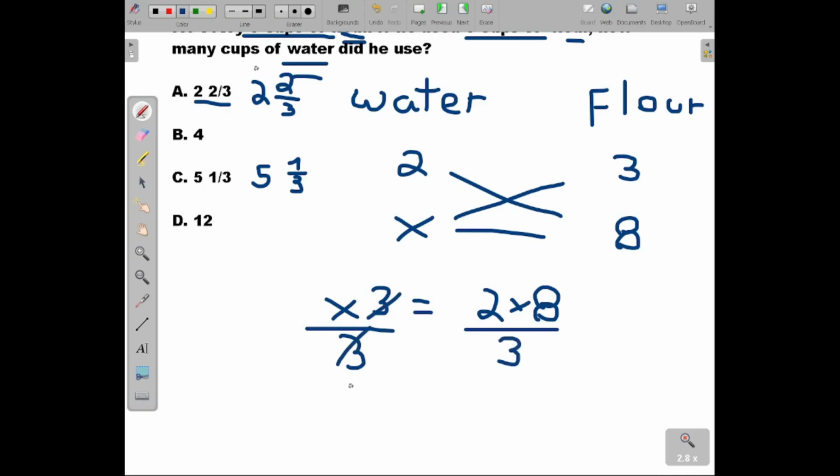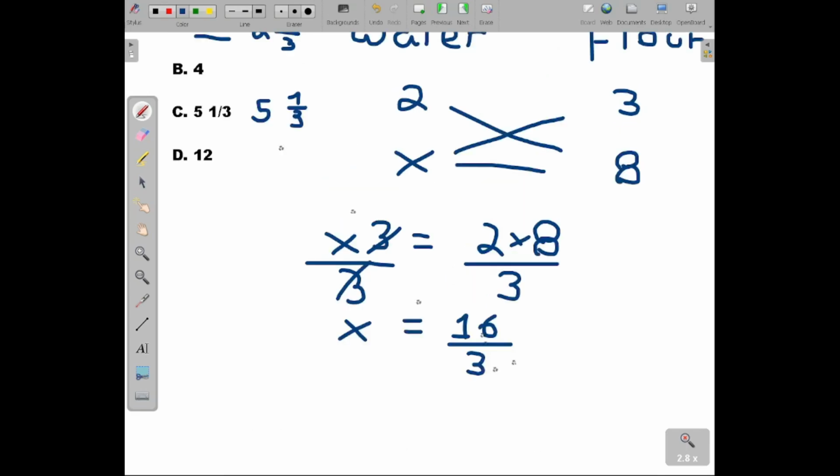Here we'll get 1 times x is equal to x. X is equal to 2 times 8 is equal to 16 divided by 3. We could turn this fraction into a mixed number.